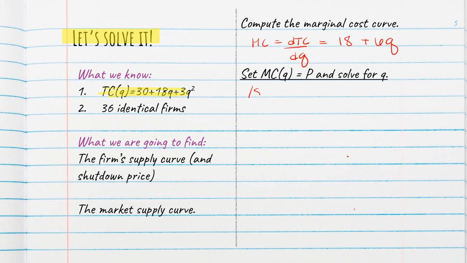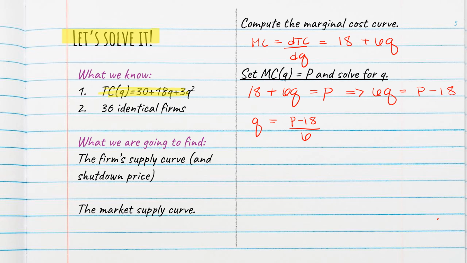So I have 18 plus 6Q is equal to P. My goal is to solve for Q, so I'm going to start by subtracting 18 from both sides. So I can rewrite this as 6Q is equal to P minus 18. And then I could say, hey, Q is equal to (P minus 18) divided by 6.